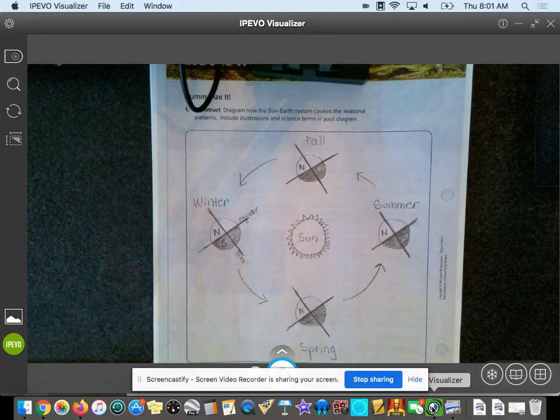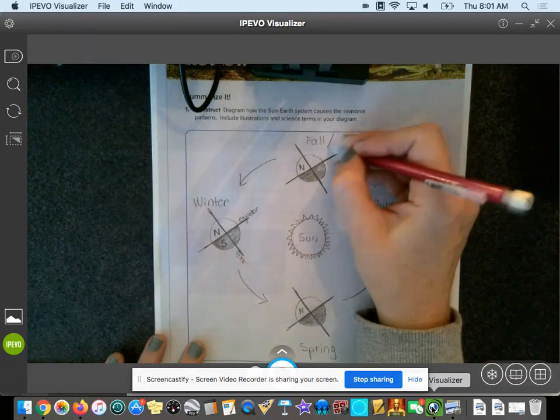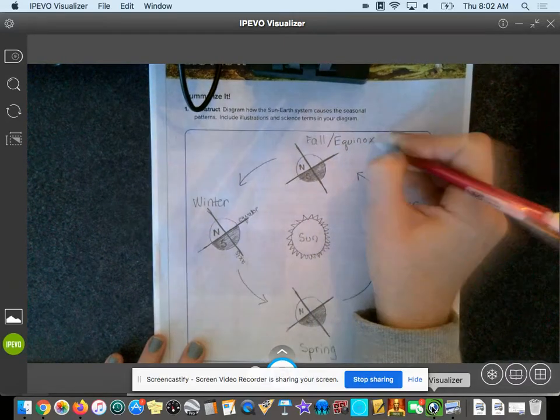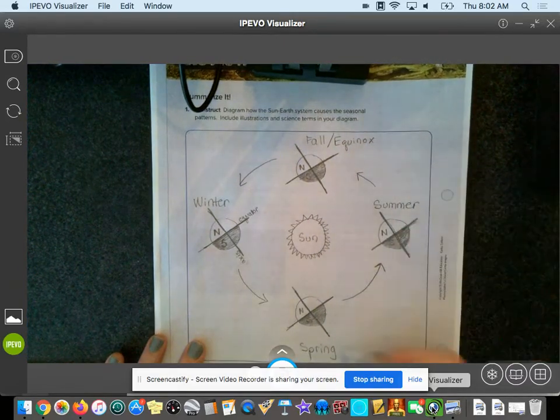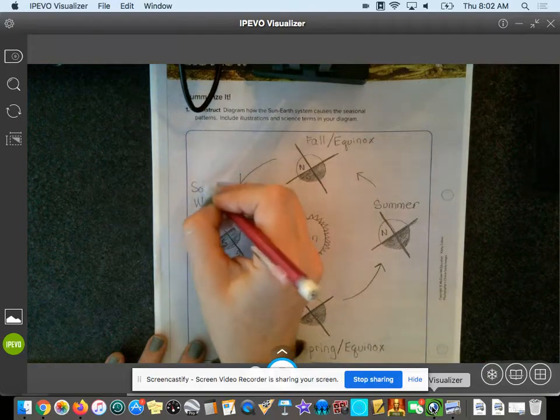And then, a couple things I think I should have probably labeled. I should have probably labeled that these are equinoxes. This is an equinox. And this is a solstice.